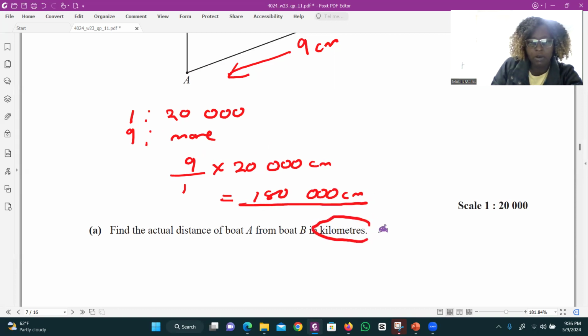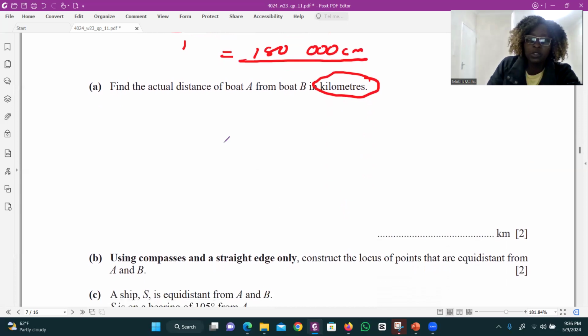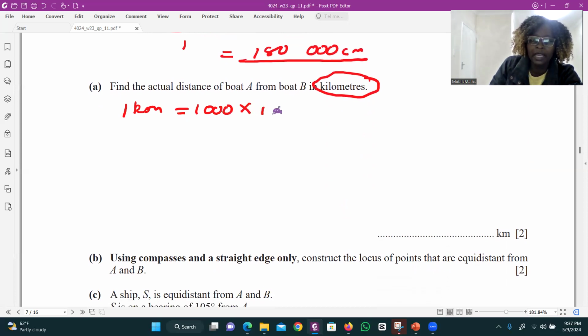But we want to leave our answer in kilometers. How do we do that? We know 1 kilometer is made up of 1,000 meters, and 1 meter is 100 centimeters.